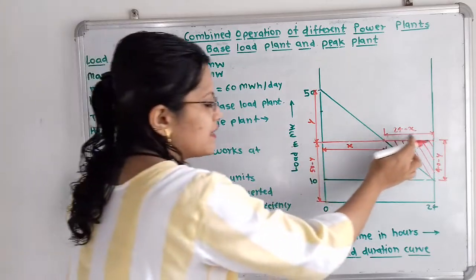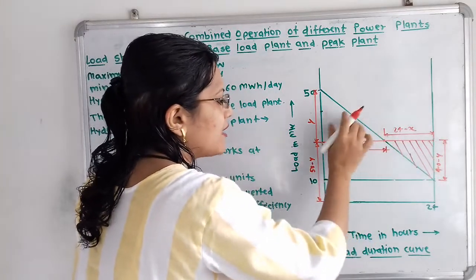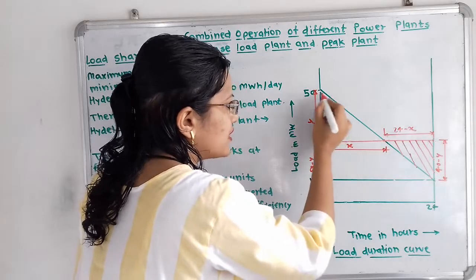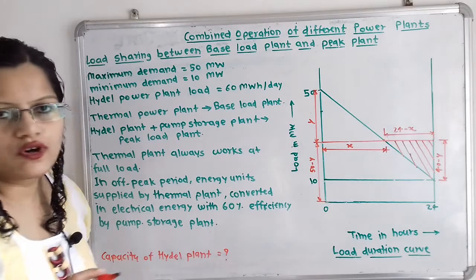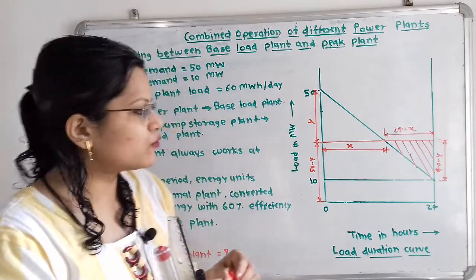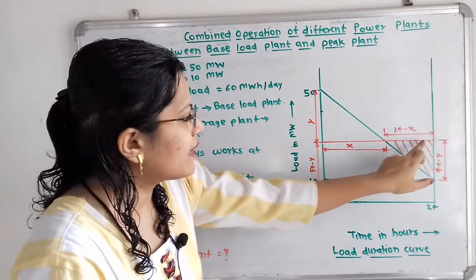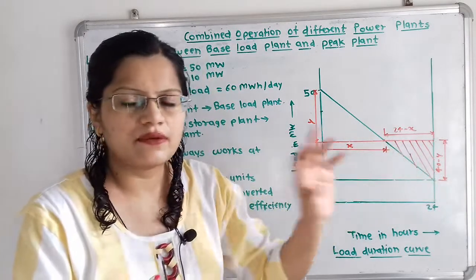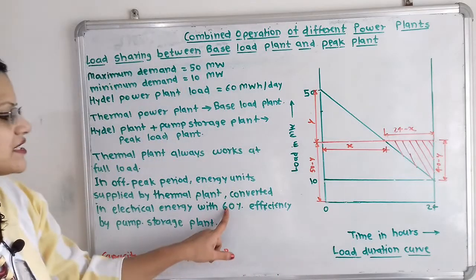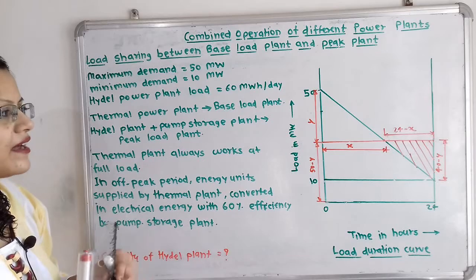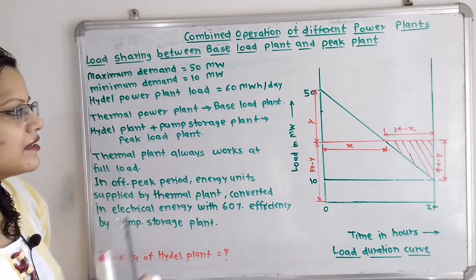So these energy units generated are converted into electrical energy for this peak load plant. So we have to show some area, and that area is equal to these energy units generated, but the condition given is 60% efficiency. So I will show this area in the peak load plant here.